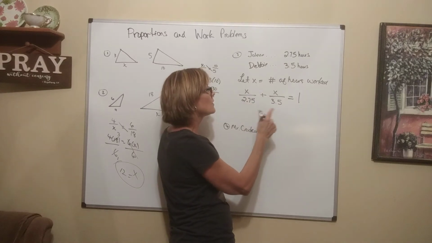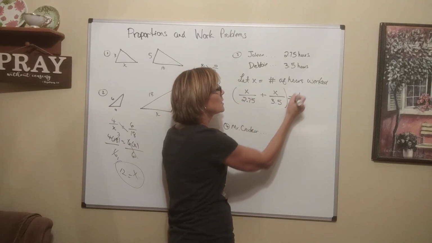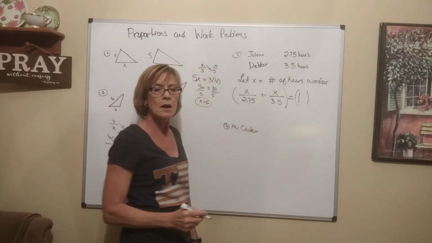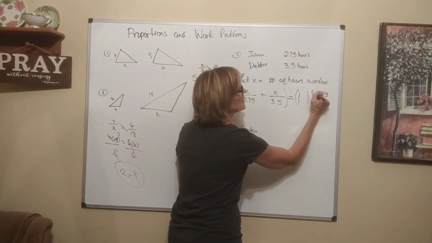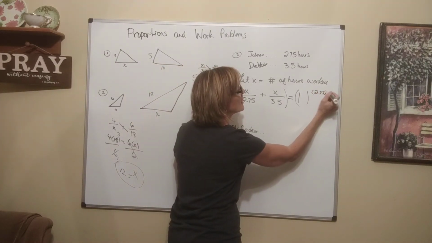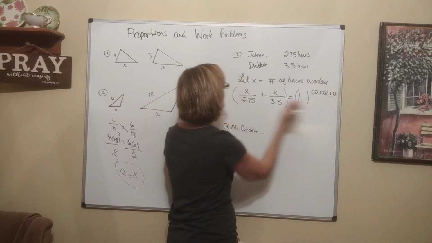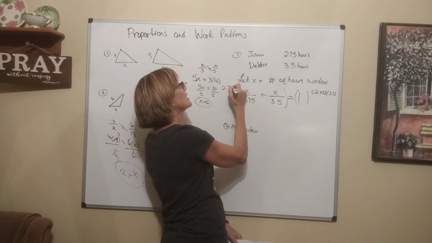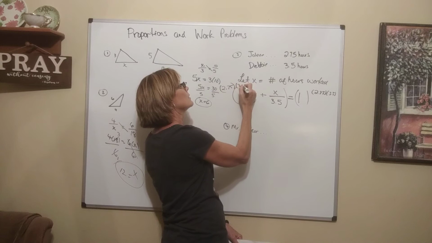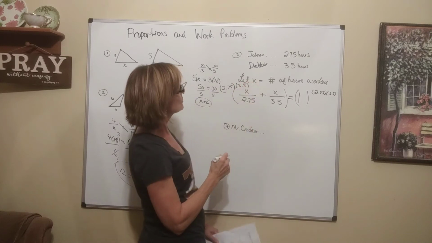So how I'm going to solve this equation is multiply both sides by the lowest common denominator, and in this case, it's going to be 2.75 times 3.5, which I don't know what that is. Eventually, I'll have to get my calculator out. So let's just do this.